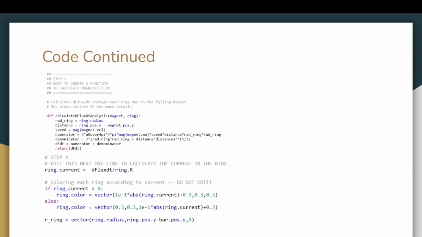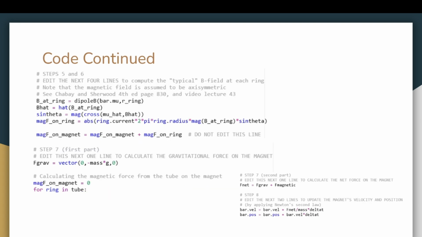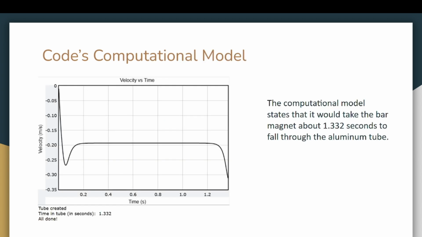And then step 3, calculate the magnetic flux, calculate the current in the ring, and then calculating the B field at each ring through the tube, and then gravitational force and magnetic force, and then total force, and then magnet velocity and position. This was the graph that it came up with, and it calculated a time of 1.332 seconds.